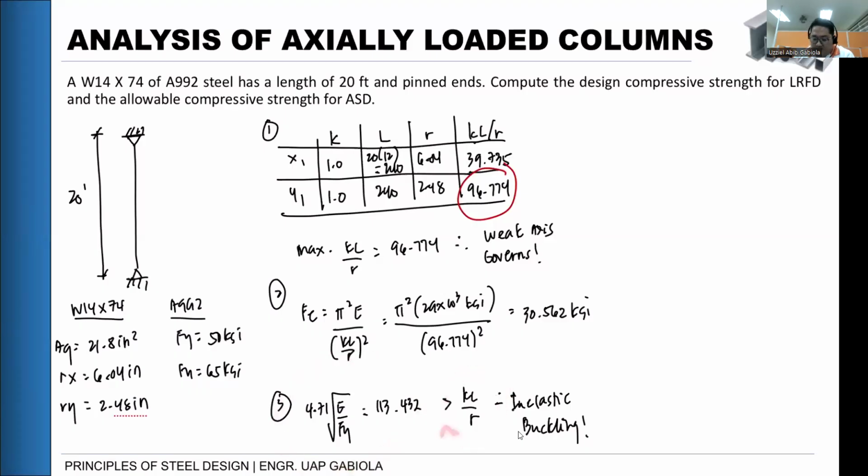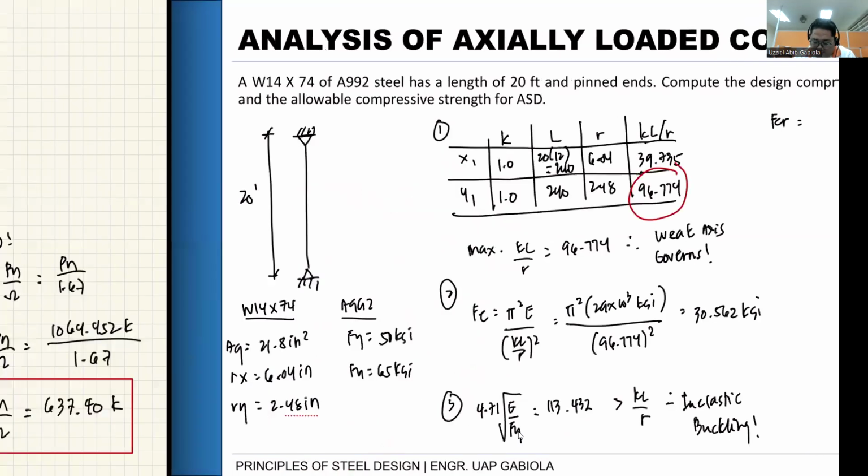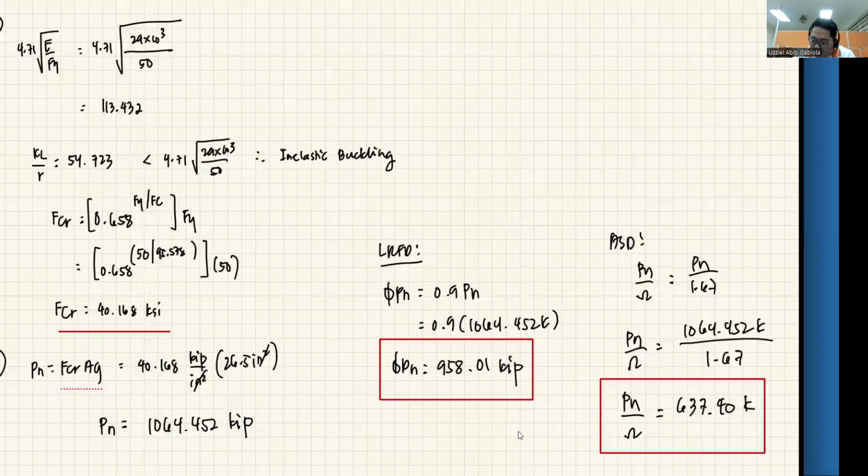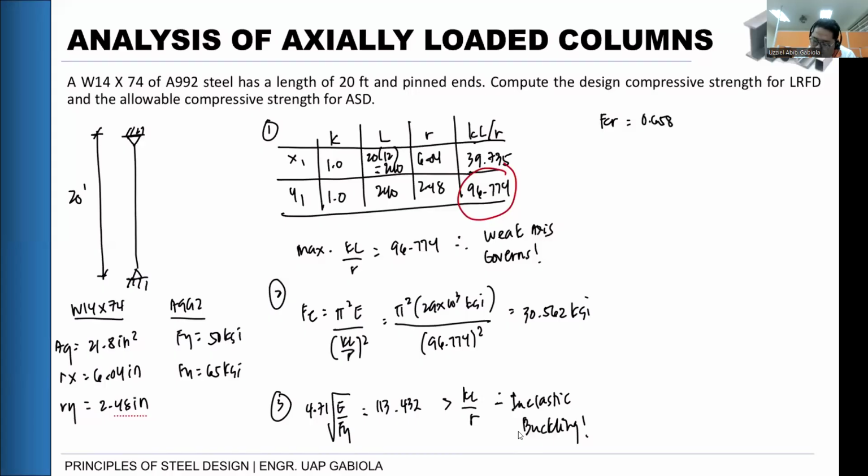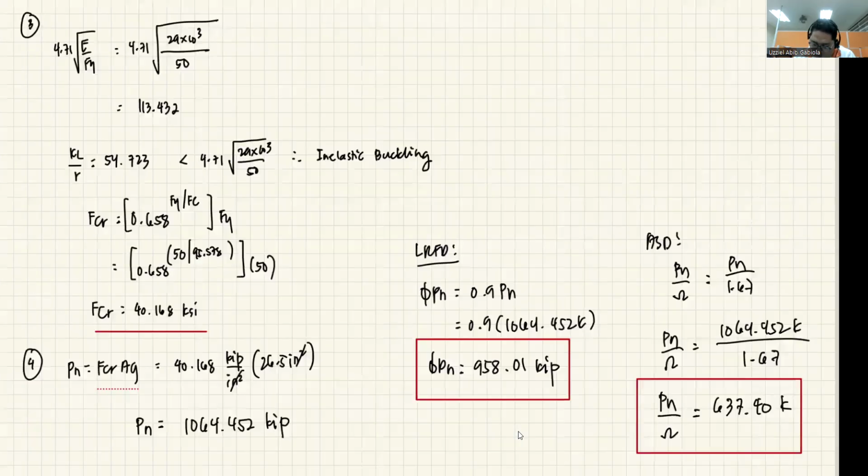Okay? So, ngayon, step natin kasunod is yung Fcr natin is equals sa same formula natin dito sa previous one. 0.658 raised to Fy over Fe, times Fy. So, 0.658 raised to 50 divided by 30.562. Tama ba yung ginagamit ko kaninang Fe?